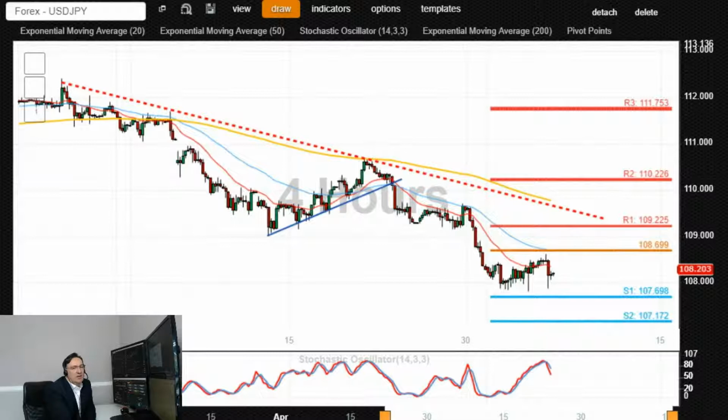Dollar Japanese yen also appears to be under pressure, so weaker US dollar and Japanese yen strength. The price action is creating a sequence of lower highs as indicated by this falling resistance trend line. The price action is currently capped by the 50 period moving average and also the 200 period moving average in the 4-hourly time frame. The key point of resistance on the upside is at 108.70.